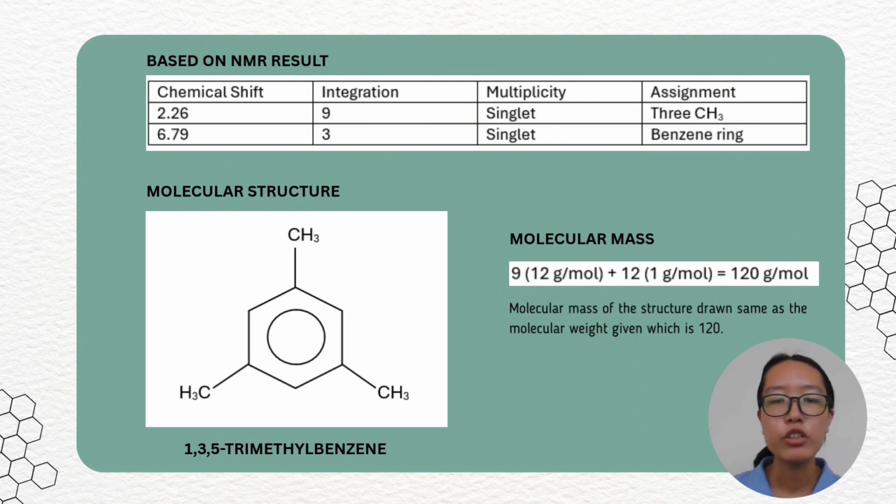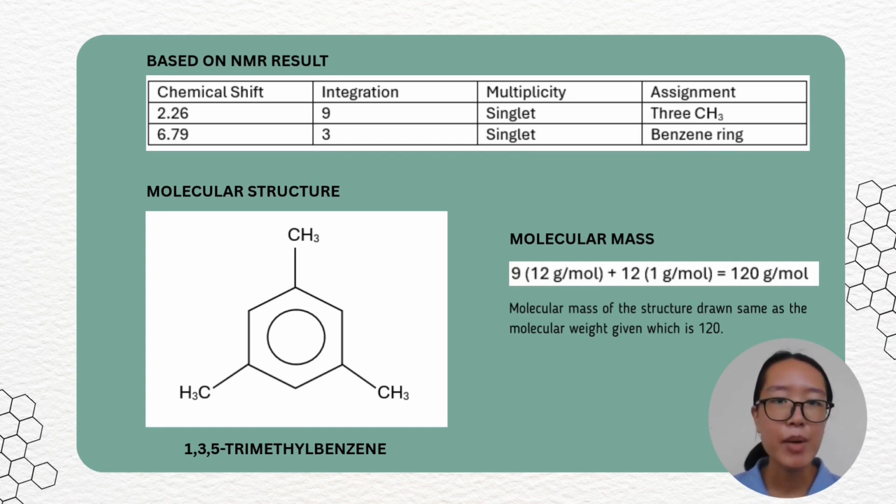And the singlet confirms that the benzene ring is present in the compound. Based on the result from the NMR spectrum, we predict that the molecular structure is 1,3,5-trimethylbenzene. This compound has a benzene ring which is attached to 3 methyl groups.